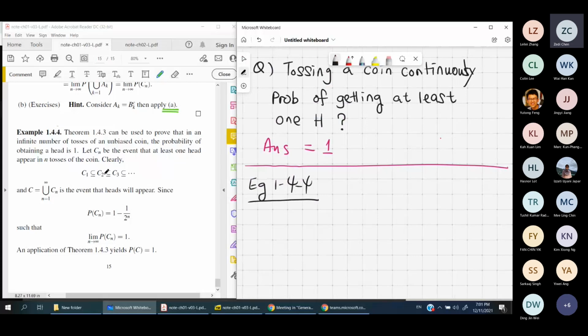I think C1 must be a subset of C2, right? Because C1 is the event consisting of at least one hit in one toss, and C2 could be tail, head, at least one hit.